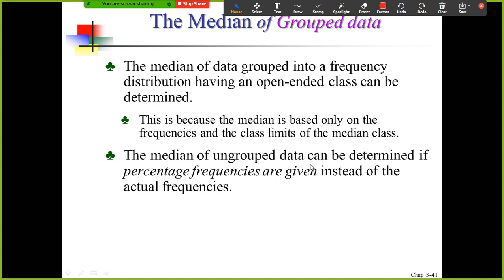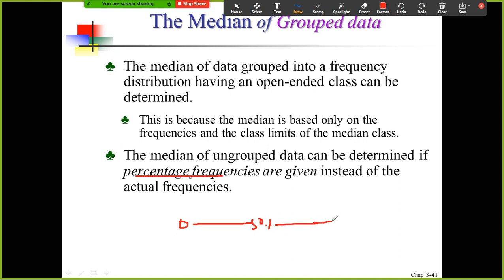The median of grouped data can be determined if percentages of frequency are given instead of actual frequencies. For example, if we have percentages of frequency, we still can find the median. It is easy because 50% of our data set is the median position.